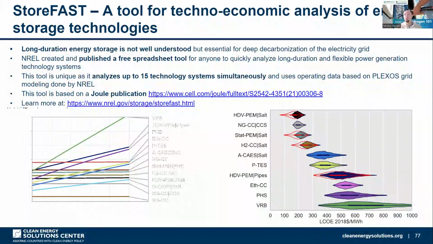So in here you can find examples of if you produce hydrogen, store a lot of it. Maybe sometimes you use it for peak power generation. Some other times you use it for just supplying other markets. This model would be able to quantify that for you.